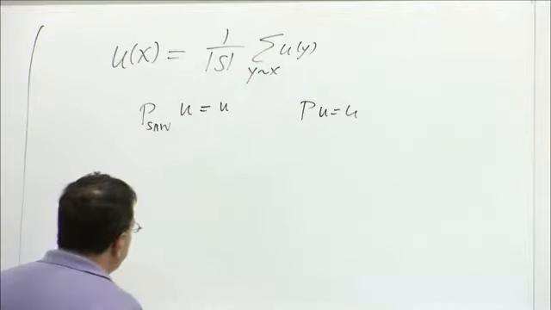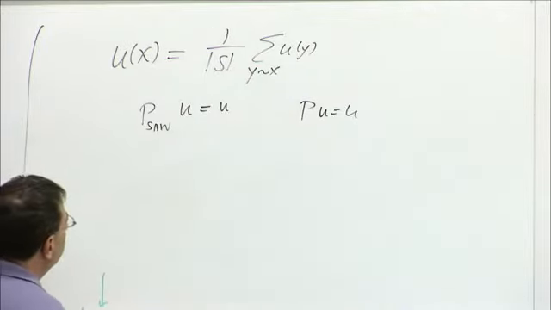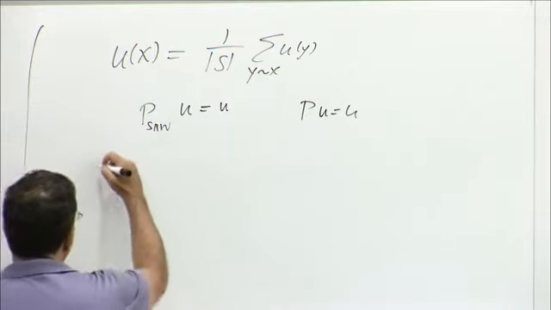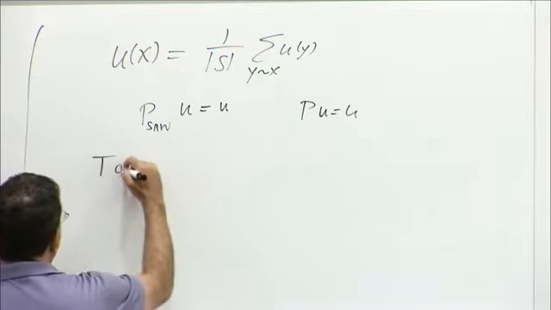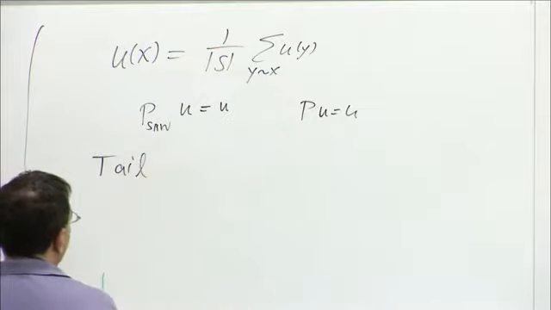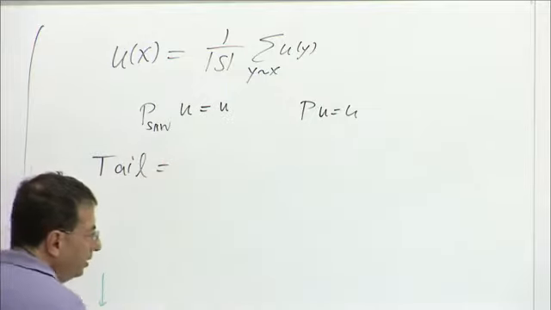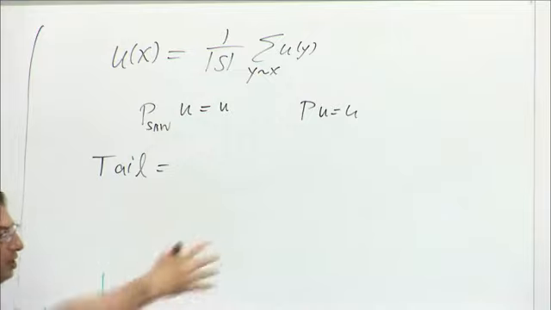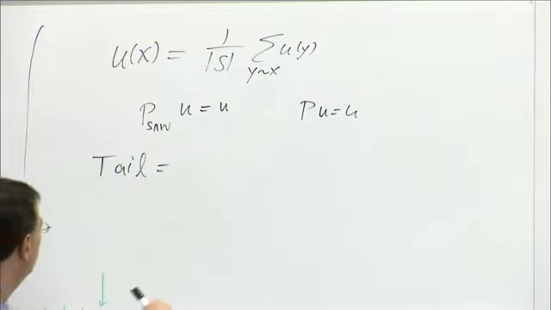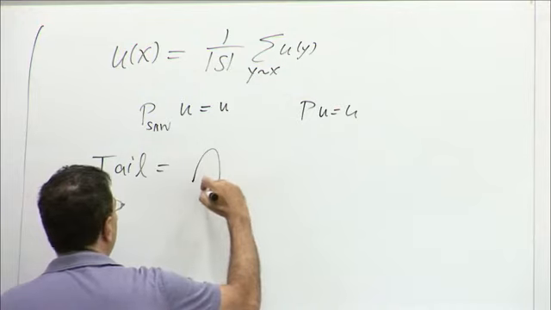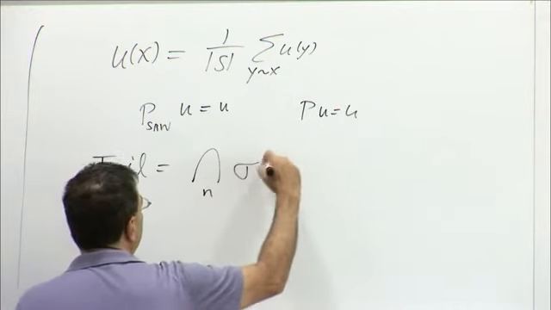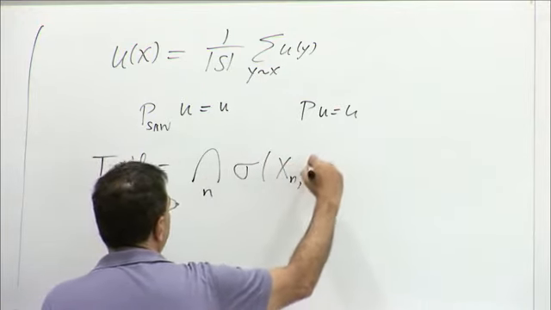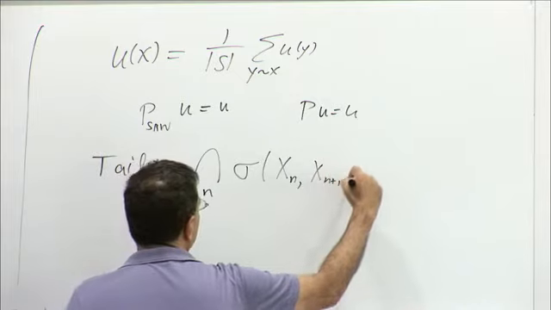To see the importance of harmonic functions for asymptotics, I want to define the tail sigma algebra of the walk as whatever you can see when you only see the far future of the walk. So formally, we intersect over all n the sigma field determined by Xn, Xn+1, and so on.